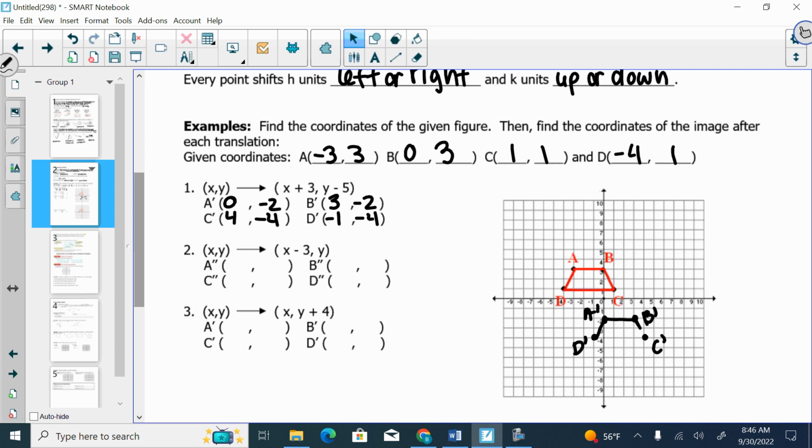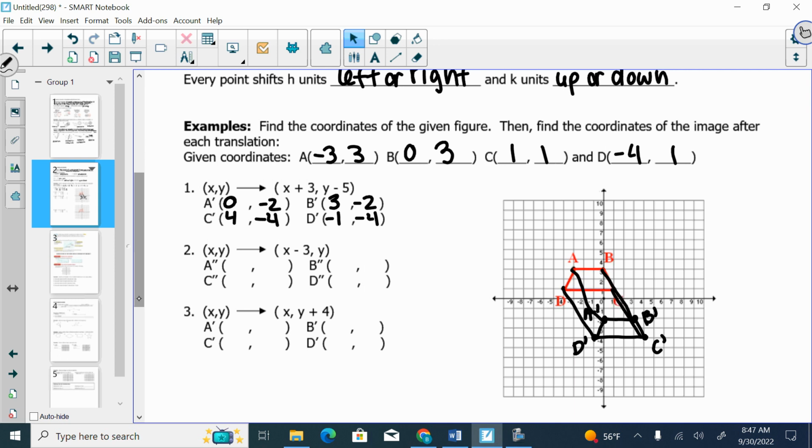Okay, and what they meant by our definition on that front page, that every pre-image point has an image point, and every image point has a pre-image point, is that I can literally map them, right? A became A prime, B became B prime, C became C prime, and D became D prime, right? Each had a point to map to in the new figure, okay?